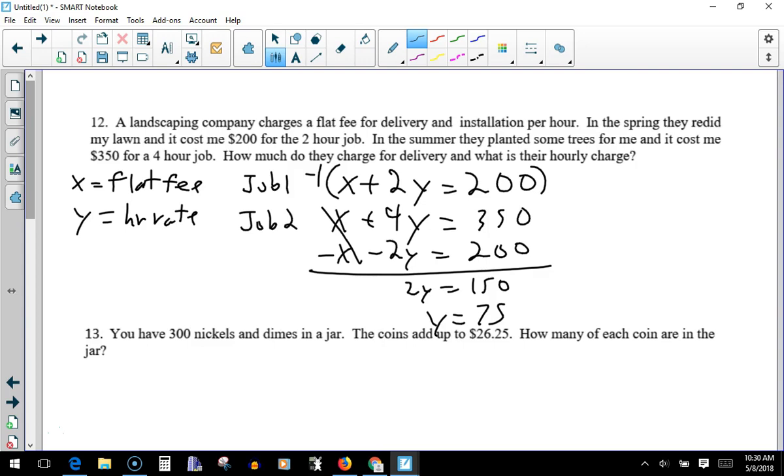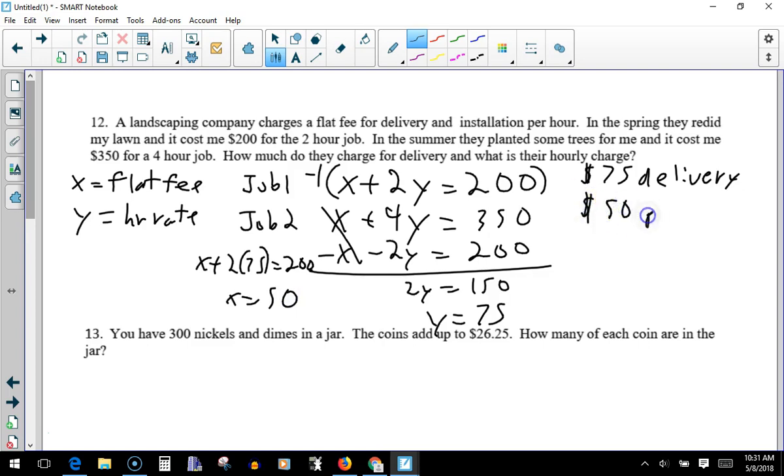So that's $75 delivery, flat fee, whatever. Now, take that 75, that's my y, I can plug it in wherever I want. X plus 2 times 75 equals 200. Well, 2 times 75 is 150. If I subtract that, I get 50. So that means they charge $50 per hour to work.